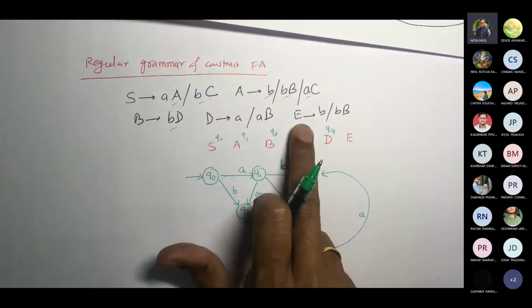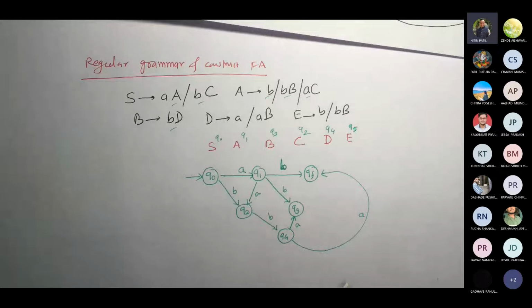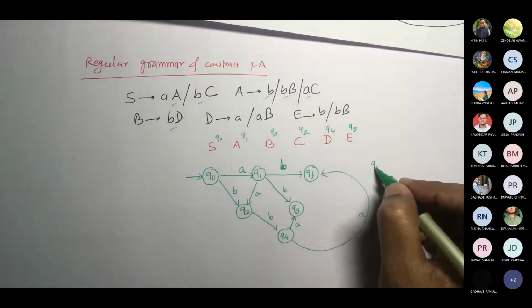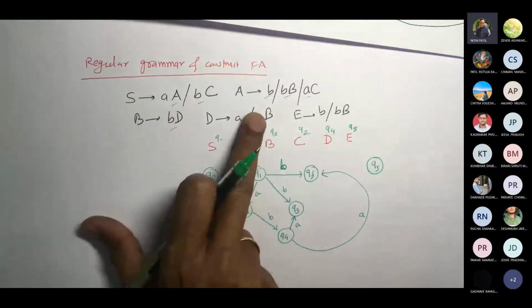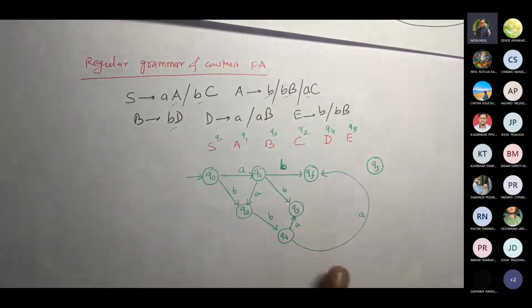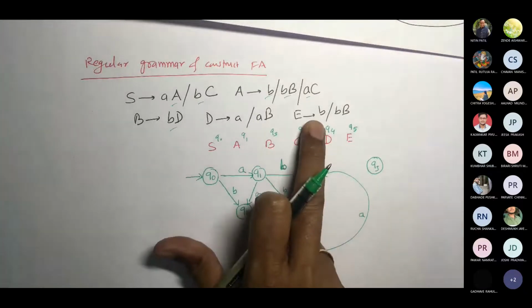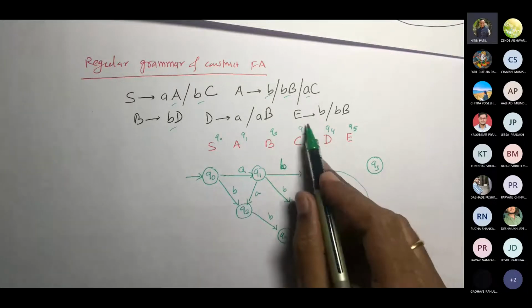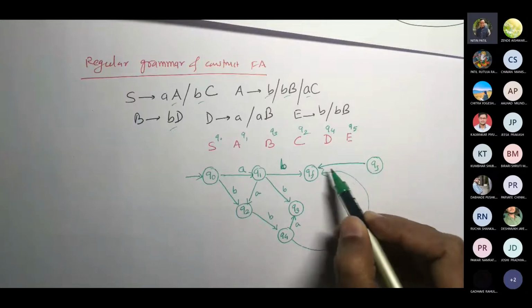Now there is a state E. We don't have anything there, so we are adding Q5. E is not appearing anywhere here, that's why nothing goes to Q5. But from Q5 there is a transition with B, going to final. We have taken final as QF already, so we'll add this.